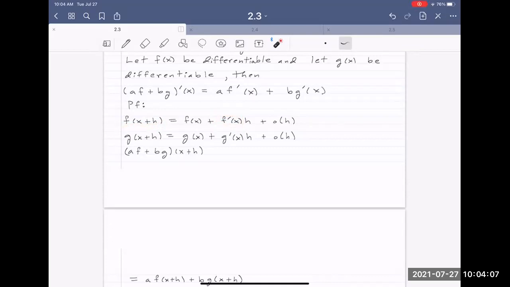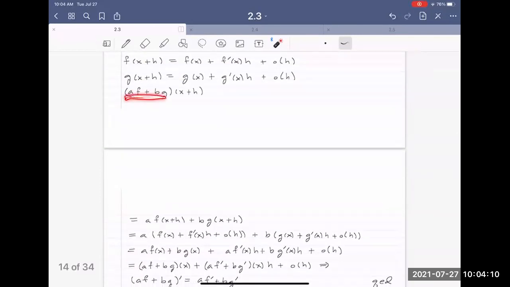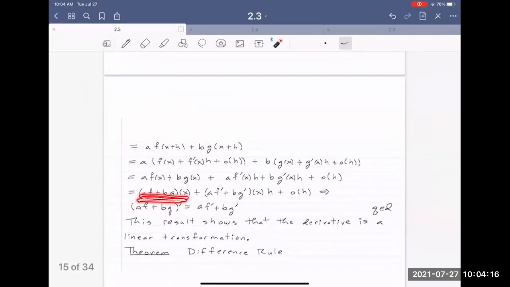So we had that this guy evaluated at x plus h is equal to the same thing evaluated at x plus something not involving h times h plus a little o of h. So this something that does not involve h is defined as your derivative. Therefore, a f plus b g quantity prime is a f prime plus b g prime. Any questions about that?